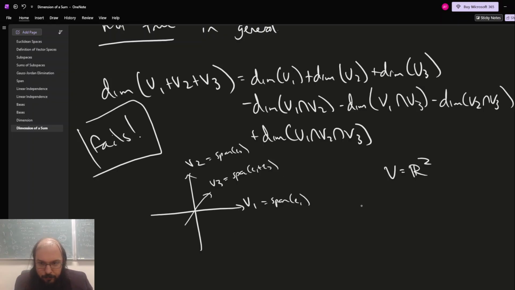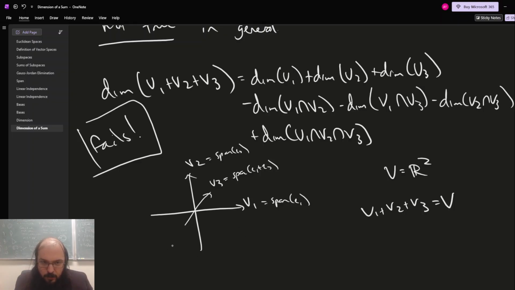Well, V1 plus V2 plus V3 is just equal to V, right? Because E1 and E2 were already a basis. So V1 plus V2 was already equal to the whole space V. And so the V3 adds nothing.